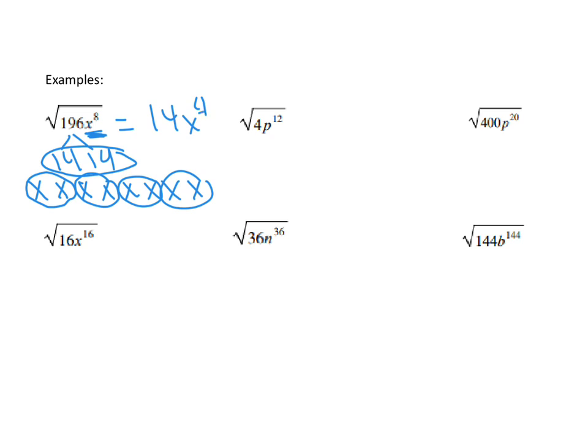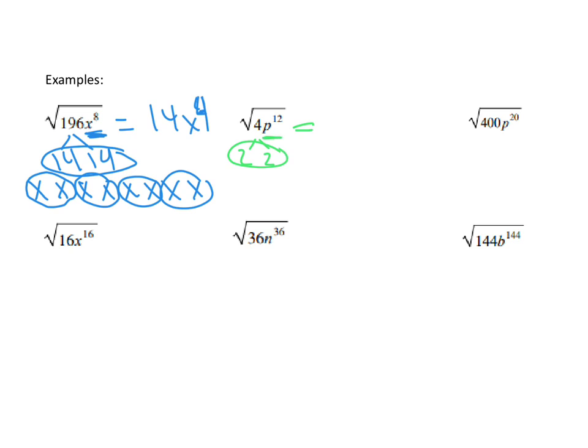You're talking about pairs of numbers. The easier way that we could have done that is we could have just said half of 8 is 4. So if we look at the next example, we have the square root of 4p to the 12th. The square root of 4 is 2 because 2 times 2 will give you 4.